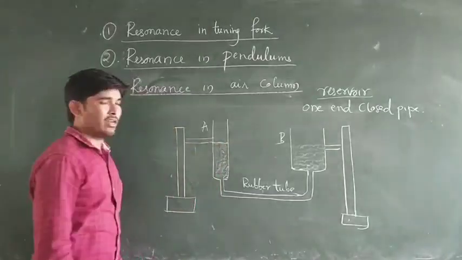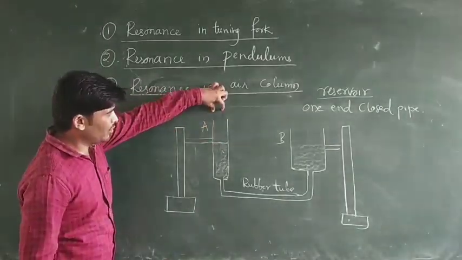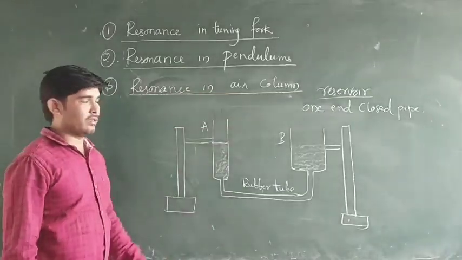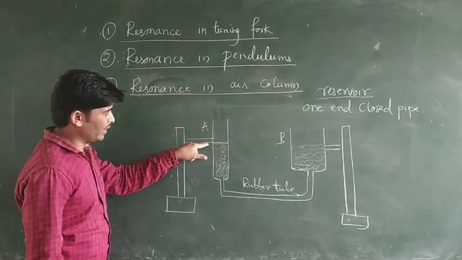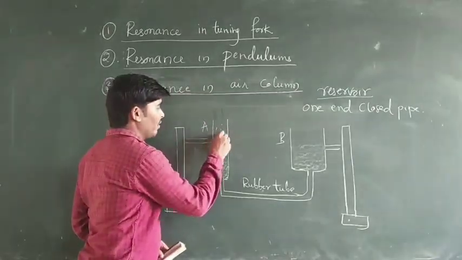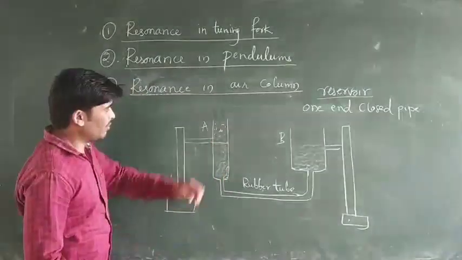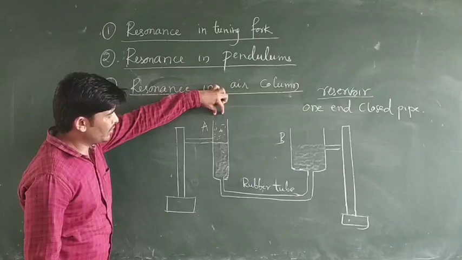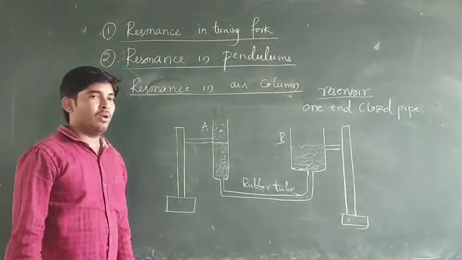So this water surface acts as the closed end, and the mouth of that tube is considered as the open end. So in between its open end and the closed end, that is the surface of water, an air column is formed.